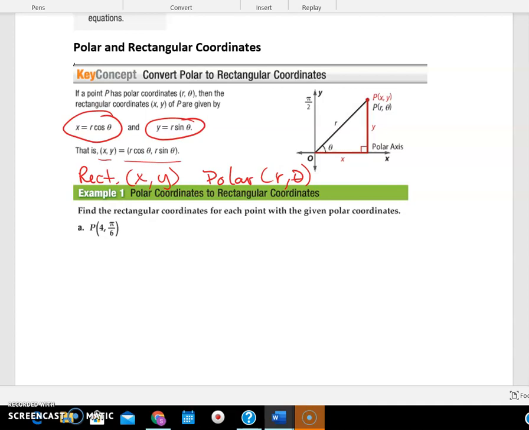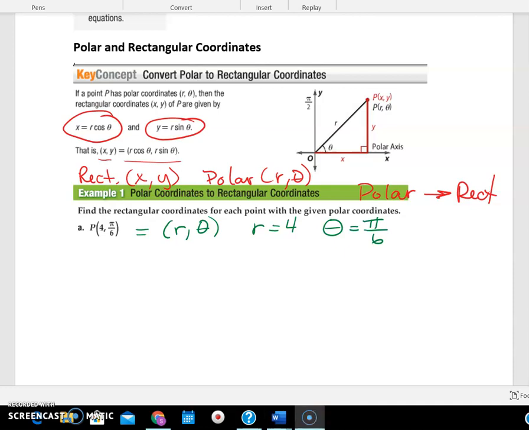For the first one, we're going to go from polar to rectangular. So we'll start out with that. I first have a polar coordinate, 4 and then pi over 6. So remember that's in the form (r, theta). So r is equal to 4, and theta is equal to pi over 6.